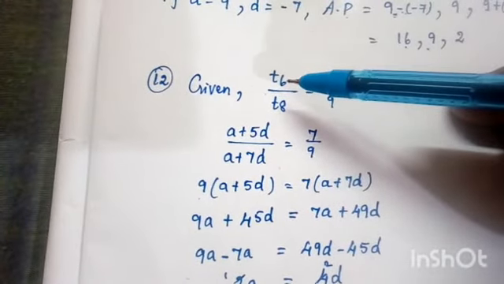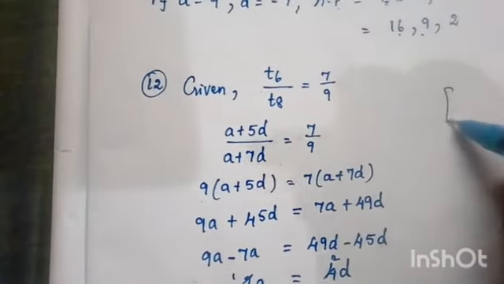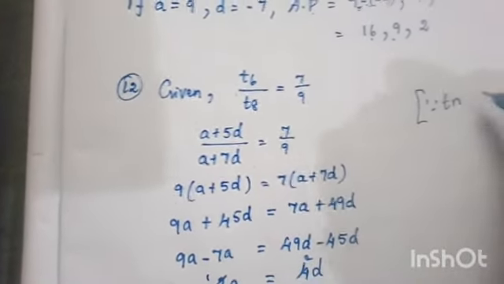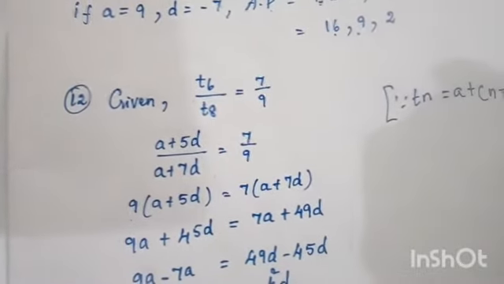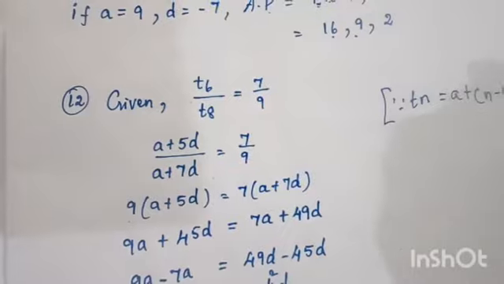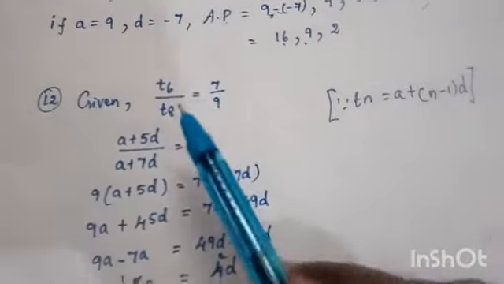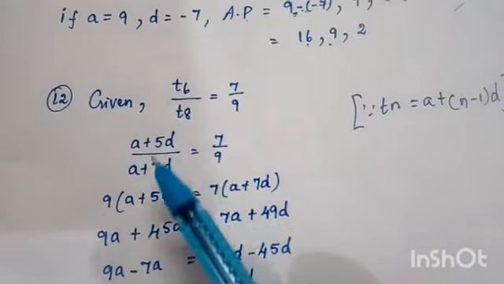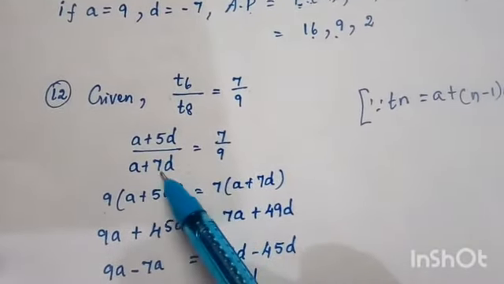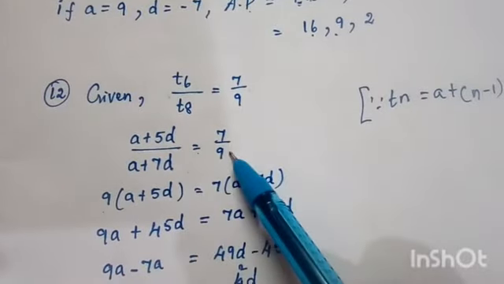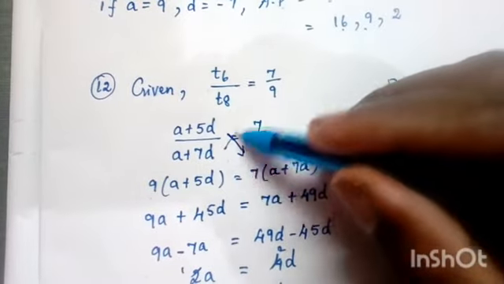For the general formula, first you have to write it at the side: Tn equal to a plus n minus 1 into d. Write the general formula at the side. Then for the sixth term, n minus 1, so a plus 5d by a plus 7d equal to 7 by 9. You have to use cross multiplication.